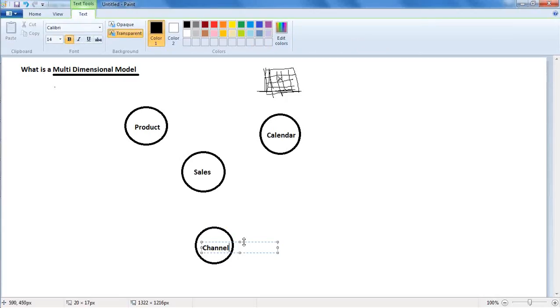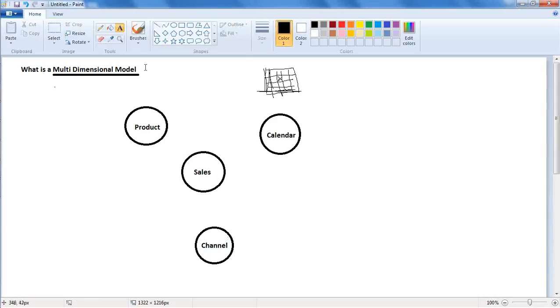So my sales can be analyzed from these three perspectives: I would like to analyze my data with respect to a product, a calendar, and a channel.